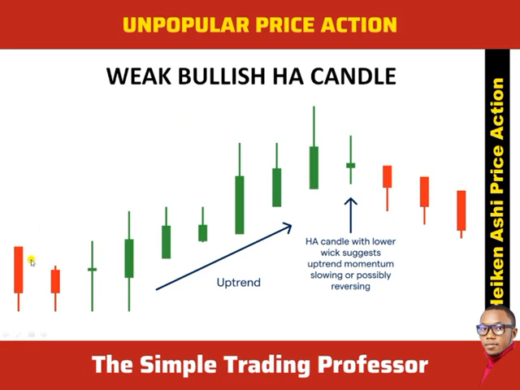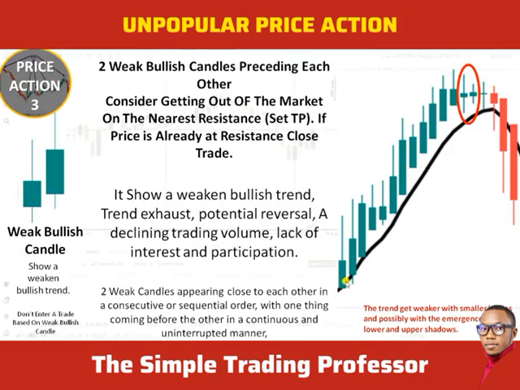Now, this is how it plays out in a particular market when the market is in an uptrend, bullish movement. What happens next is a candle with a lower wick, which suggests the uptrend momentum is slowing and possibly reversing. Get out of the market. So when you see a strong bullish movement, for example like this, you have held a long trade for a long time.